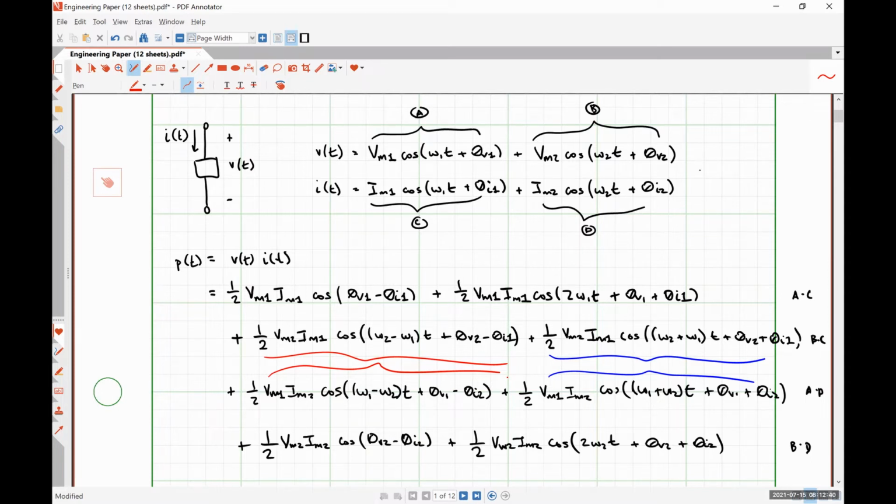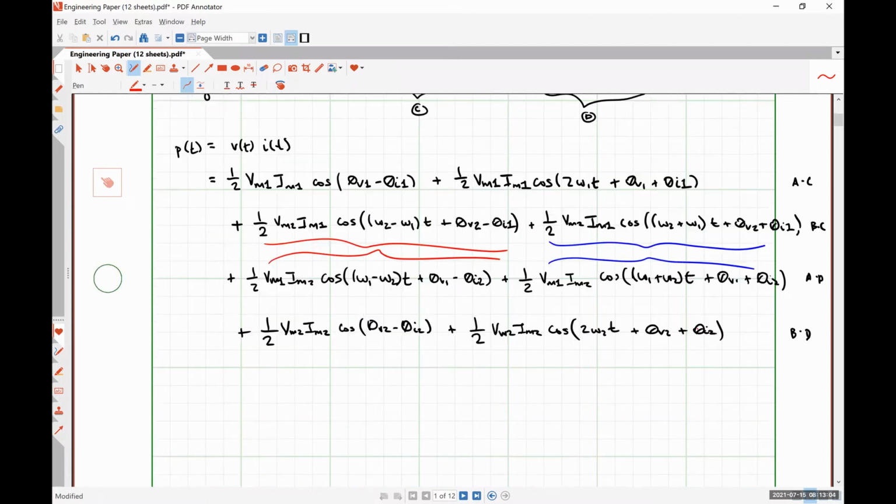Our average power here, 1/2 Vm1 Im1 cosine(theta V1 minus theta I1) plus 1/2 Vm2 Im2 cosine(theta V2 minus theta I2), falls out of this pretty neatly, but there's actually a much easier way to get it, which is going to bring us to the topic of effective values, right?